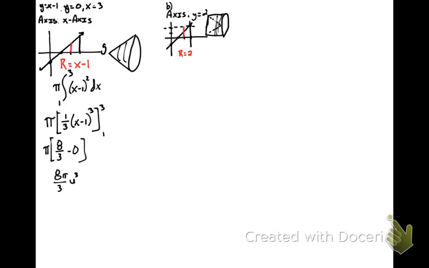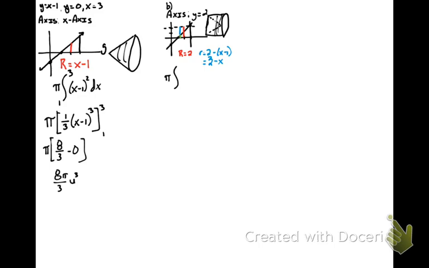Little r in blue is this piece right here, and that piece is 2 minus this portion right here, which is x minus 1, which means that little r is 2 minus (x minus 1), or little r is 3 minus x. And based on that expression, we can set up our integral.